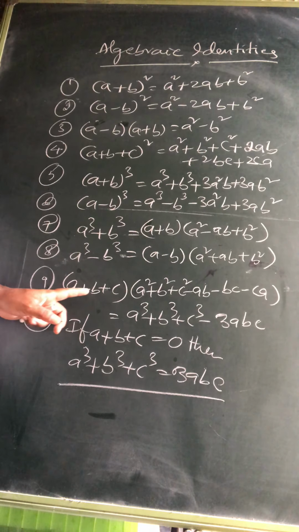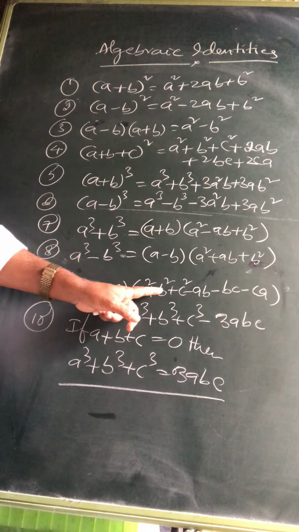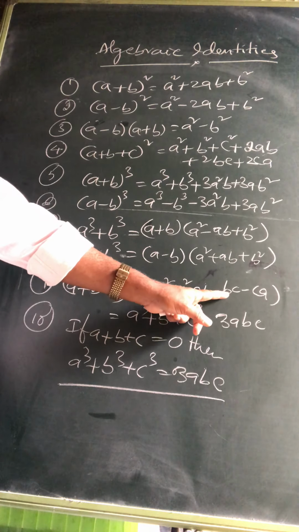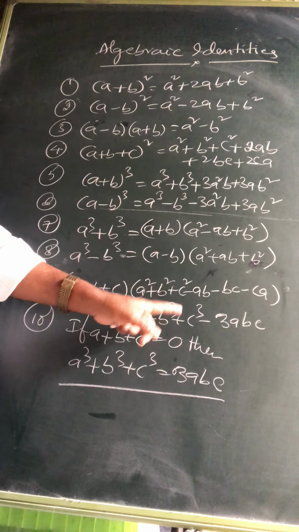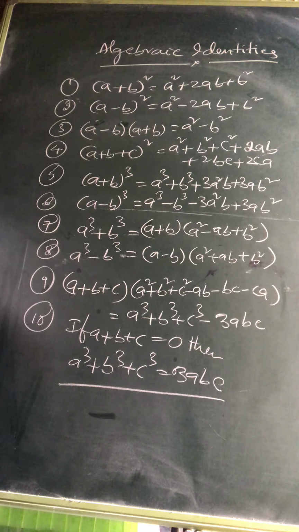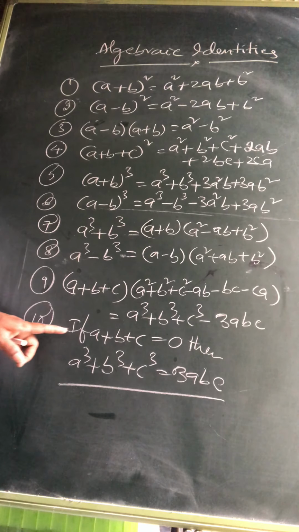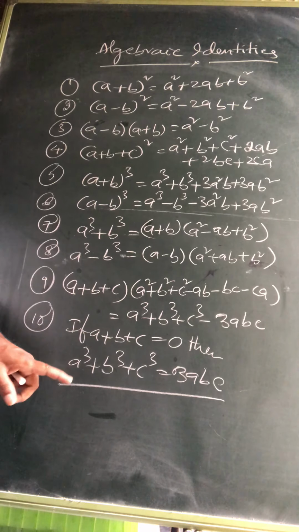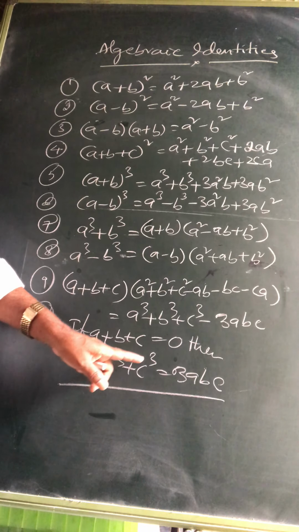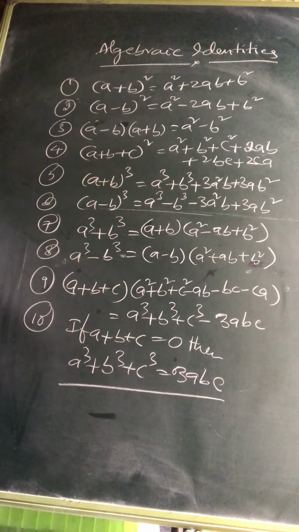Ninth one, (a + b + c)(a square plus b square plus c square minus ab minus bc minus ca) is equal to a cube plus b cube plus c cube minus 3abc. And also the last one: if a + b + c is equal to 0, then a cube plus b cube plus c cube is equal to 3abc.